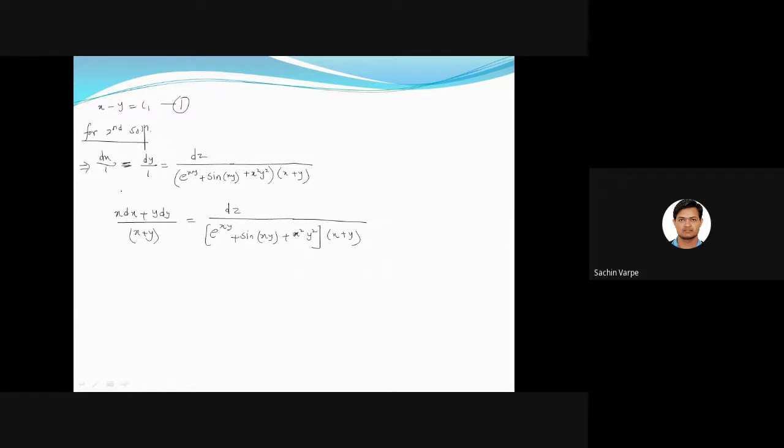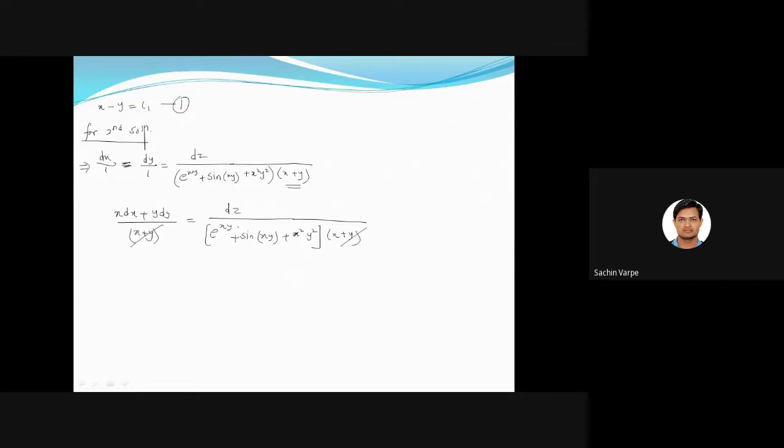So why I did this? Because I can see here the extra term x plus y is there, and to cancel that term, I can multiply these two ratios by x and y and add, so that this x plus y extra term is getting cancelled from these two ratios.